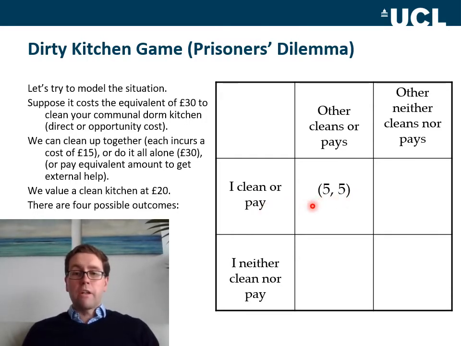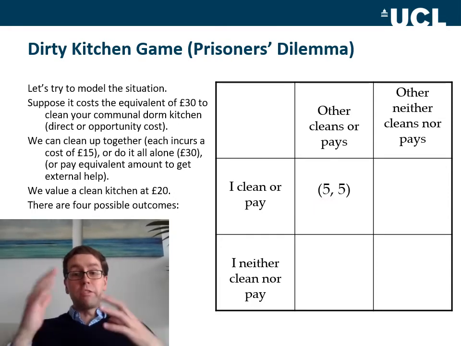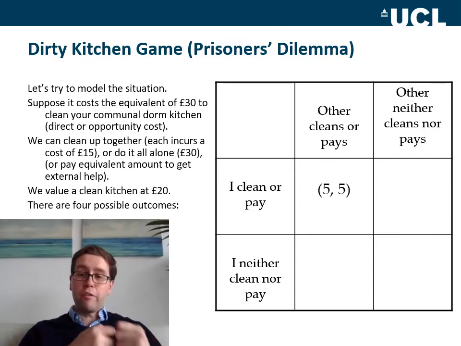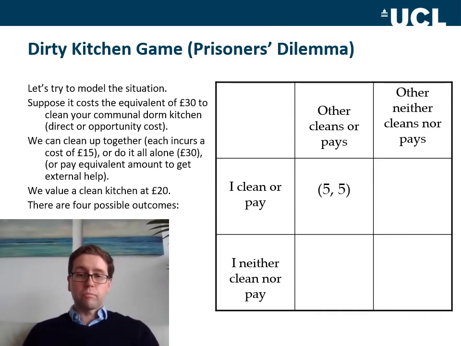If we both clean up together, we both incur £15 worth of cleanup pain, but we both receive £20 worth of benefit from the clean kitchen. That sounds quite nice, right? We both get £5 benefit. So £15 worth of pain, £20 worth of gain, for both of us.